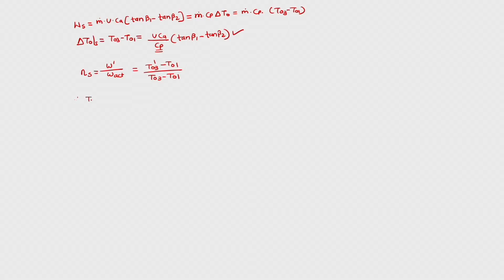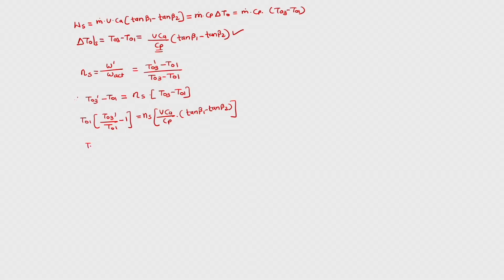So T naught 3 dash minus T naught 1 is equal to the isentropic stage efficiency of the compressor into T naught 3 minus T naught 1, which is known to us from the right hand side. From the left hand side we take T naught 1 common. So we have T naught 3 dash upon T naught 1 minus 1 is equal to stage efficiency into U Ca upon Cp into tan beta 1 minus tan beta 2.